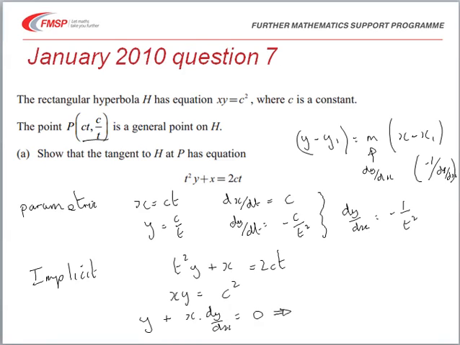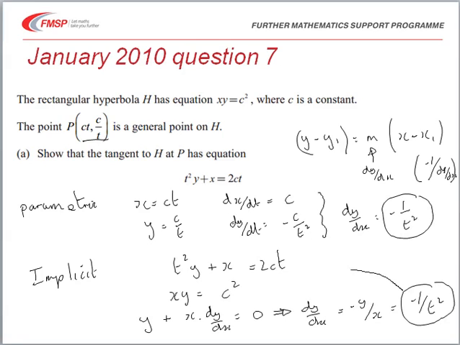And then that gives us that dy by dx is equal to negative y over x, and that's equal to negative 1 over t squared. So that gives two alternative ways of producing that the gradient of this tangent is equal to negative 1 over t squared.